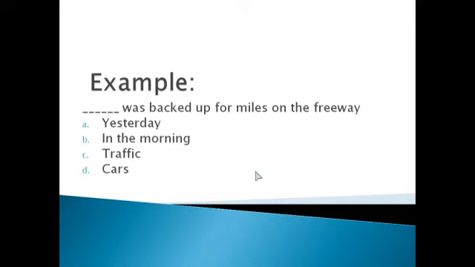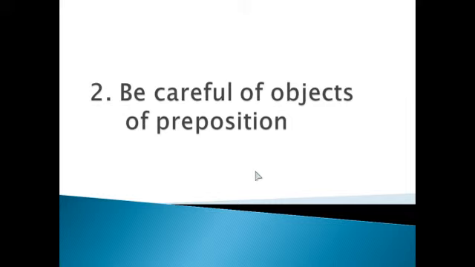The next, be careful of objects of prepositions. An object of a preposition is a noun or a pronoun that comes after a preposition such as in, at, of, to, by, behind, on, and so on, to form a prepositional phrase.